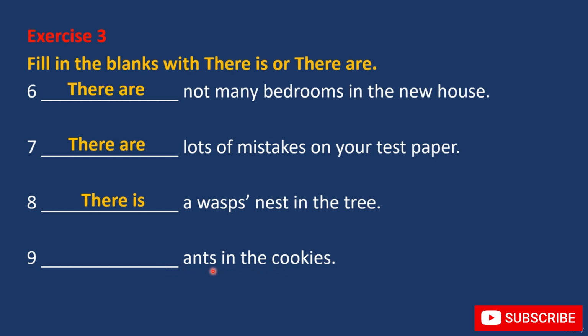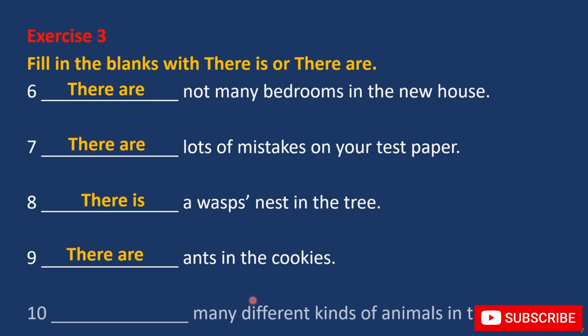Here we have plural. There are ants in the cookies. Excellent one. Many different kinds of animals in the zoo. There is many different kinds or there are many different kinds of animals. This is plural. So surely there are many different kinds of animals in the zoo. Excellent one. Perfect. All of you are great.